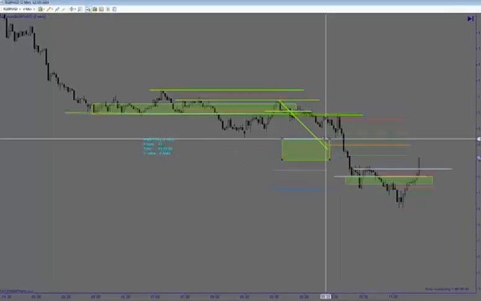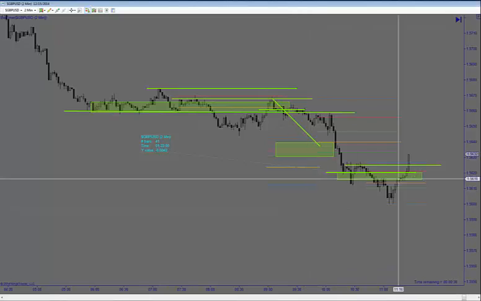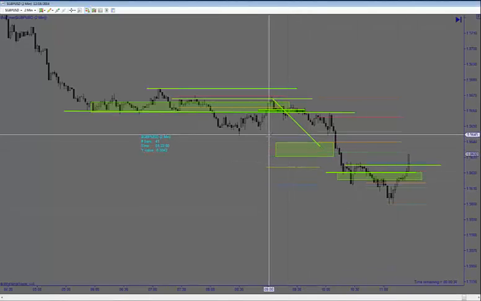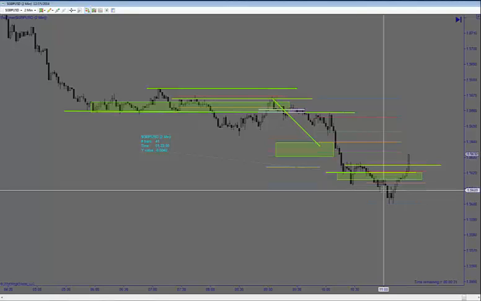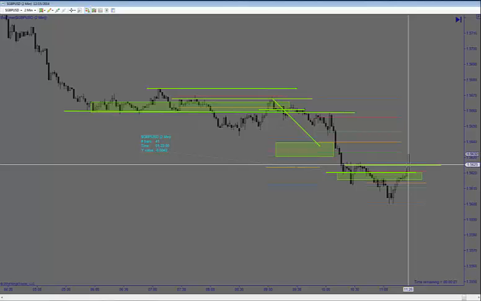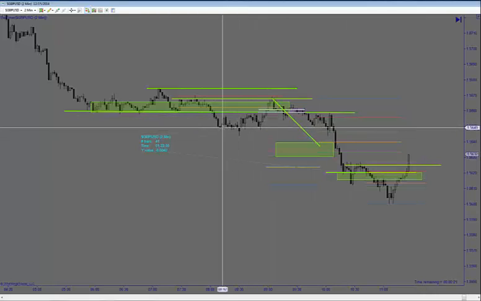Okay? So now we have to not change gears, not change our expectations, but we have to understand that this market intends to correct deeper, and we are looking for opportunities to still be short long term, long short term. So short term, we're looking for maybe longs into this area, into this structure area right here.